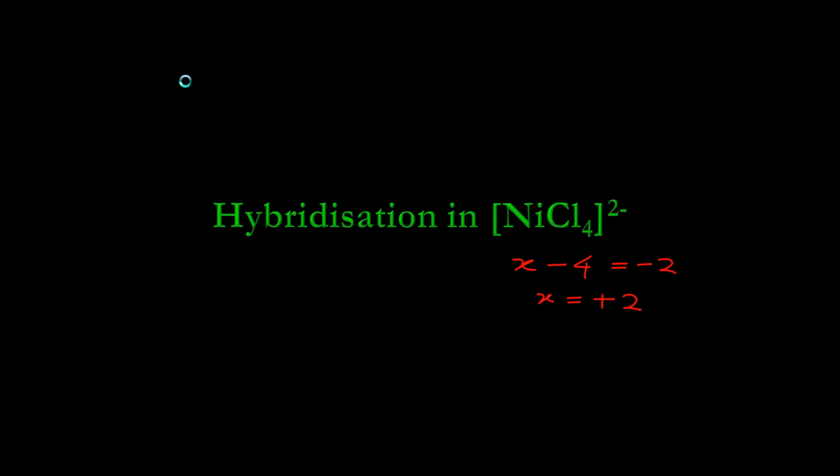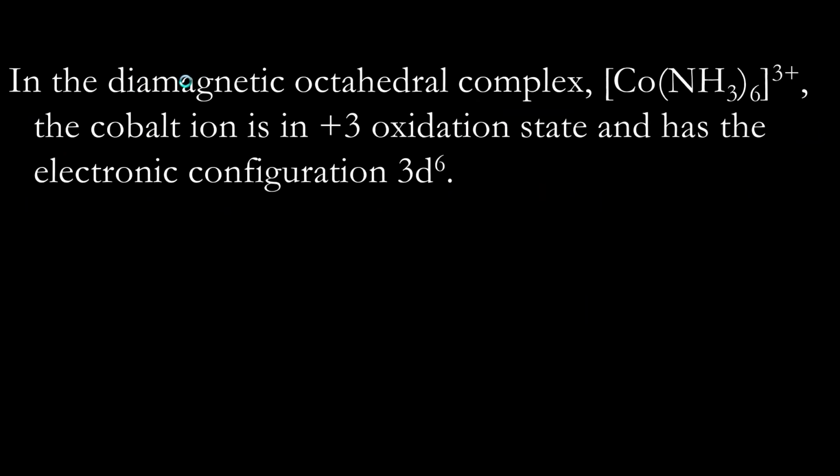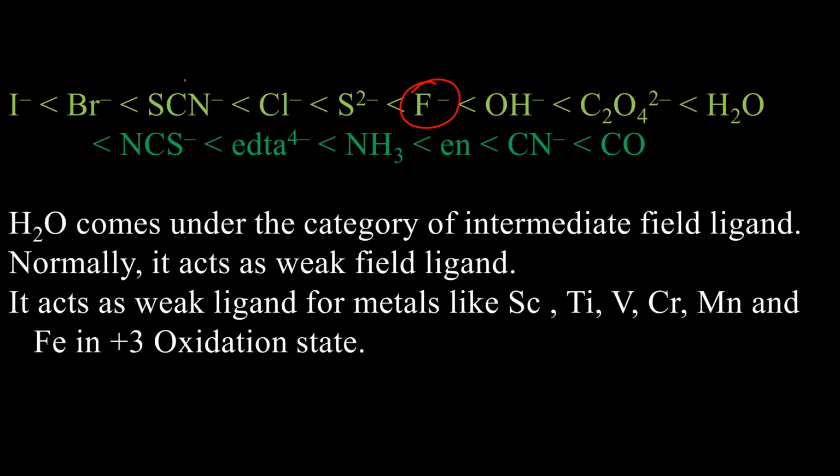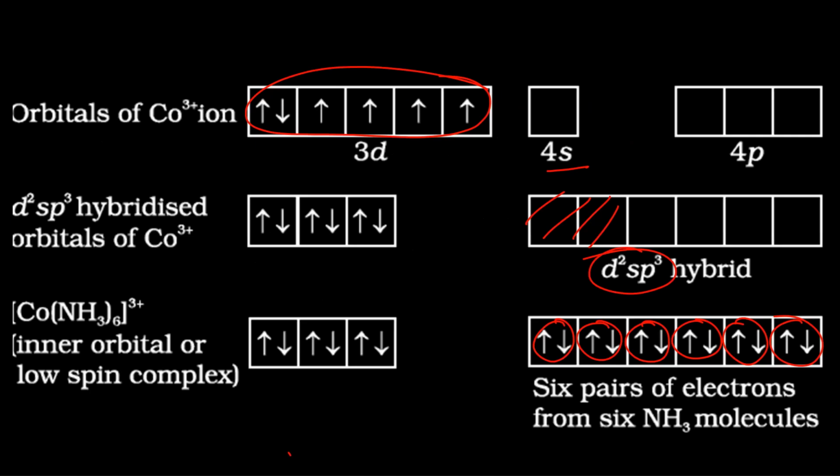And one more important point: iodide is the weakest field ligand. So sometimes that is also asked. And carbonyl is the strongest field ligand, whatever we will talk about. So these 2 points you should remember. This is asked as a separate question as well.